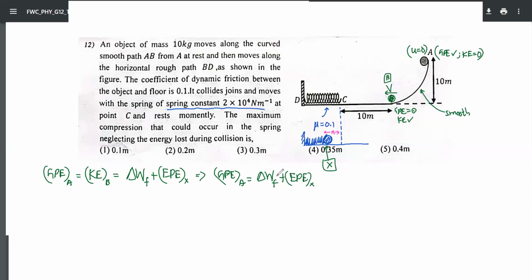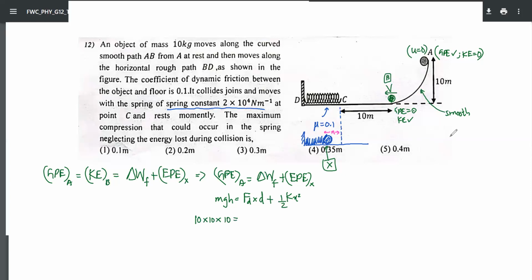The delta WF is work done due to friction. What is the gravitational potential energy at A? Shall we go with the equations: mgh equal to dynamic frictional force into the distance travelled plus, for this one, half kx square. What is the gravitational potential energy, people? Mass 10, g 10, height 10.